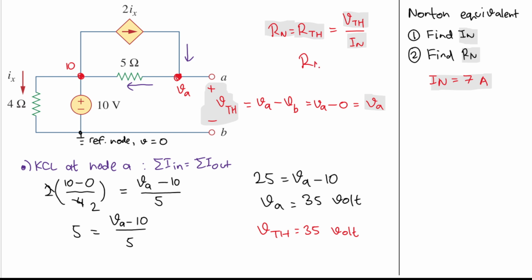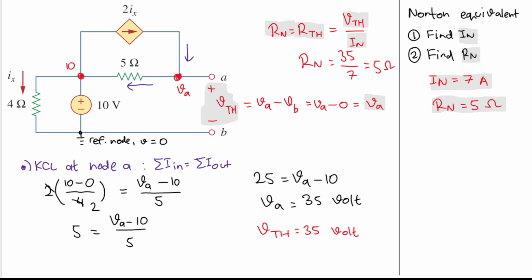RN here is equal to VTH, which is 35, divided by IN, which is 7. Therefore, we will have it as 5 ohm. Okay, so in conclusion, RN here is equal to 5 ohm. So this is the second most important value.